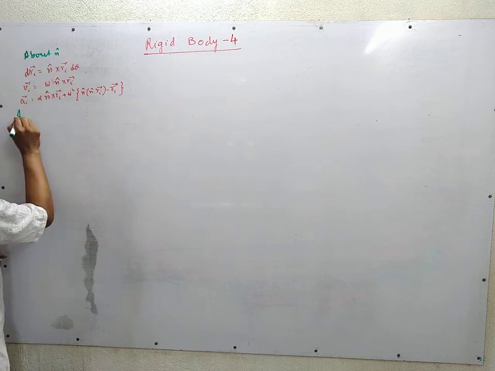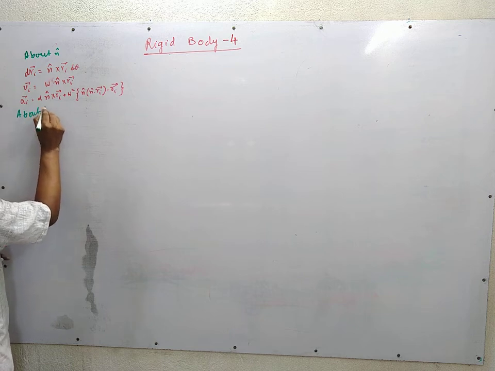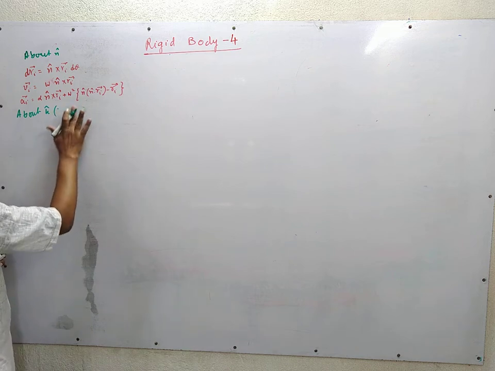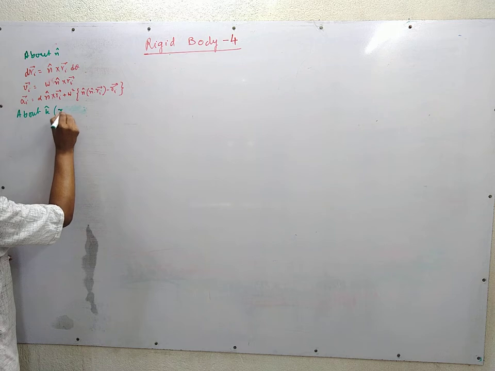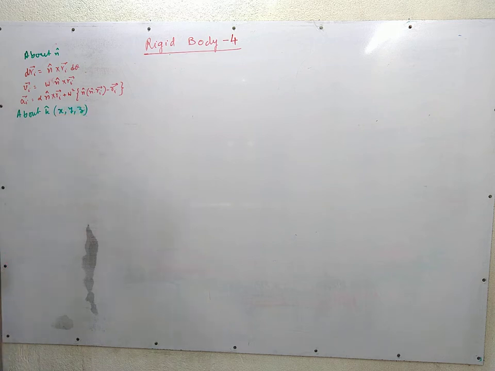And if we assume the rotation about the z-axis of Cartesian coordinate system, in the earlier class we obtained the relation both in Cartesian and cylindrical coordinates. But here, since we shall consider the angular momentum and torque, these are best represented in Cartesian coordinate system.